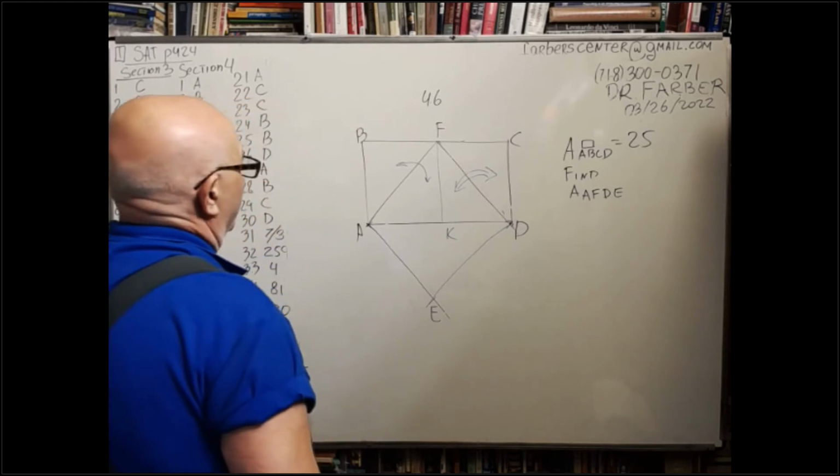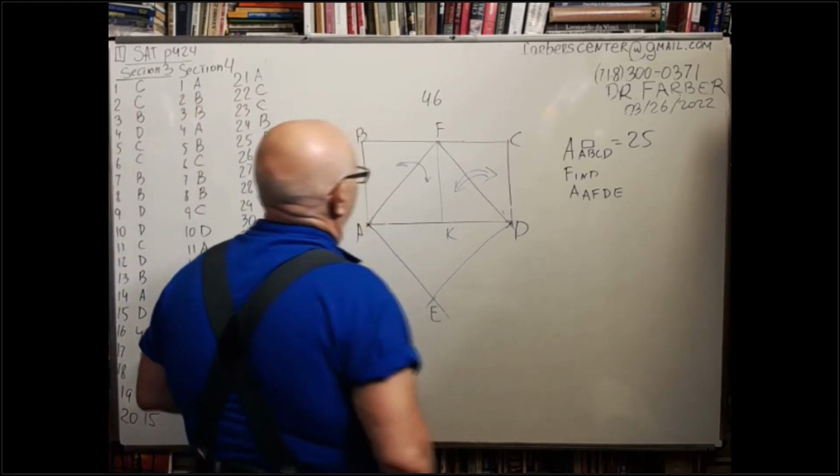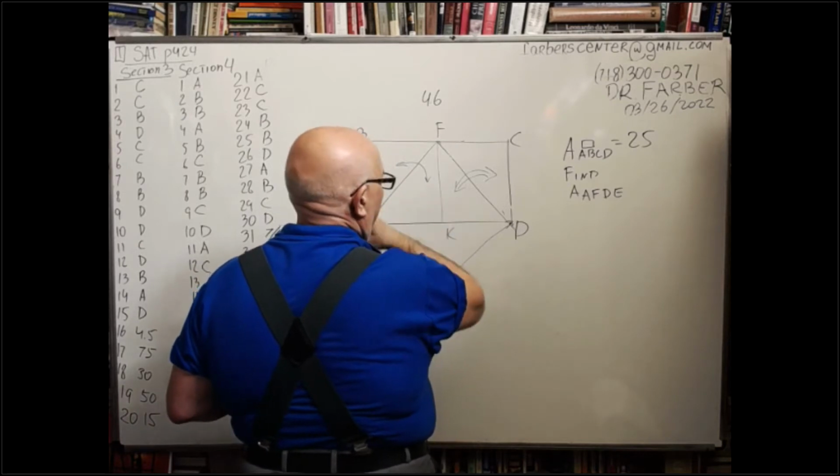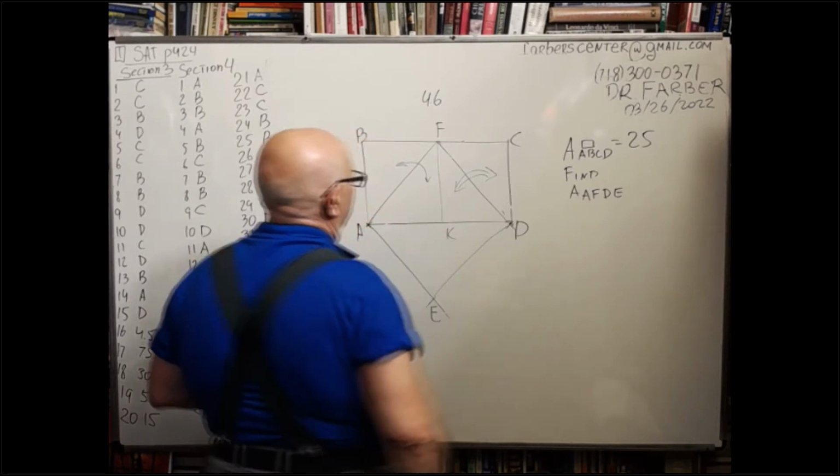And the diagonal of this parallelogram splits it into two congruent triangles.